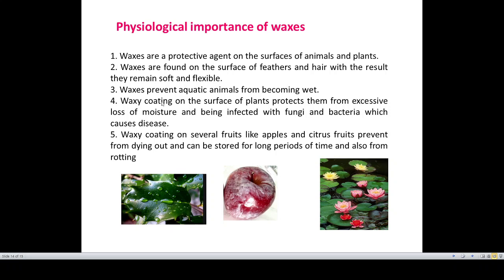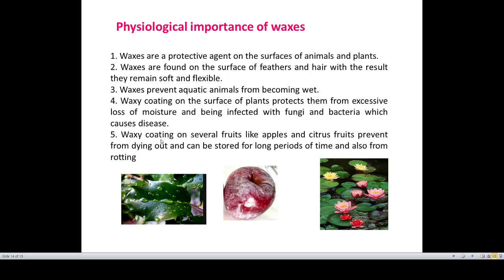And the important application in the plant kingdom is that whenever we have a wax coating on the surface of a plant, it protects from the excessive loss of moisture, that is dehydration, and hence in the earlier slide I said these waxes are present in plants which are grown in arid regions, meaning with a high temperature, and they also prevent the attack of fungi and bacteria which cause diseases.